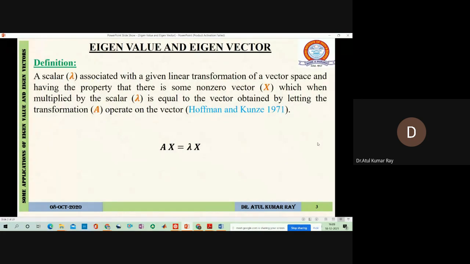So the definition is taken from the book we have studied, Hoffman and Kunz.